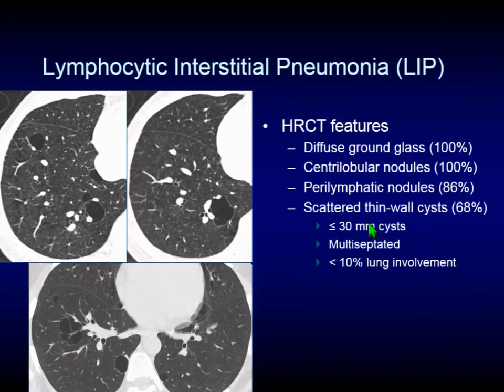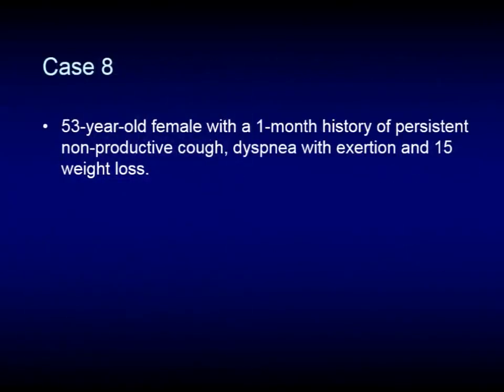With LIP cysts, or the cystic variant, these cysts generally tend to be 3 centimeters or less. Sometimes they're multiloculated or lobulated or multiseptated cysts. Generally, you can count them. They're not so numerous as in the other cases of cystic lung disease that I've shown you. And collectively, they may only involve 10% or less of the lung.